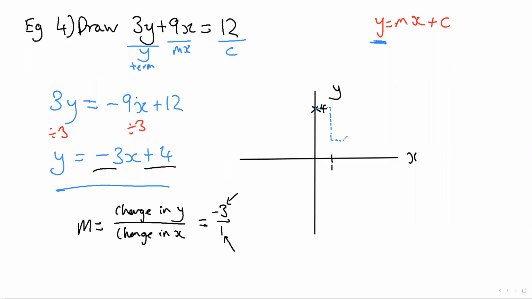And then if we went forward by 1 again, we go down by another 3. And it'll keep going like that. And then we can just plot these points. Again, you'll have graph paper, so it'll be easier. And then we can just draw our line, like so.